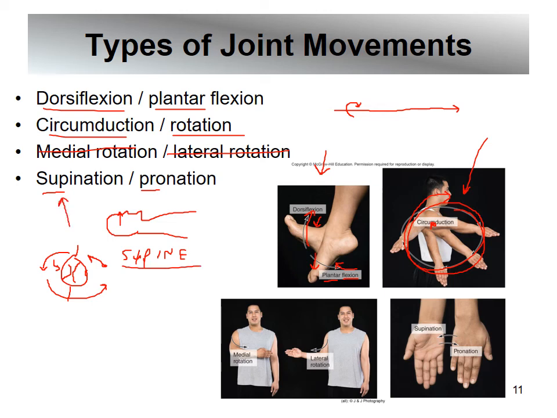Supination means palm up. The palm is the face of your hand, and so palm up is supination. If I was to turn around and lay face down, that would be called laying prone. And so when my palm has been turned face down, it is called pronation. That's where the two words come from.